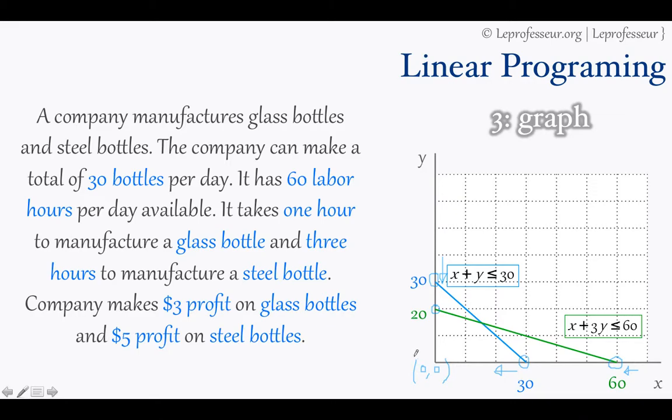So x is between 0 and 60 if we take the equation x plus 3y less than or equal to 60, and x is between 0 and 30 if we take the second equation. Same way for y.